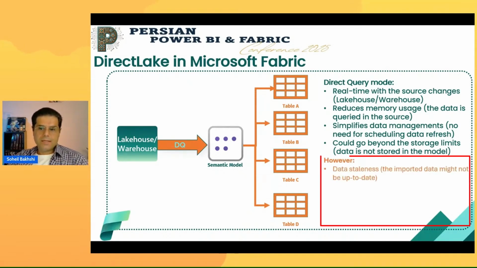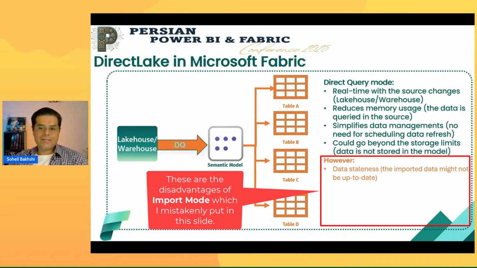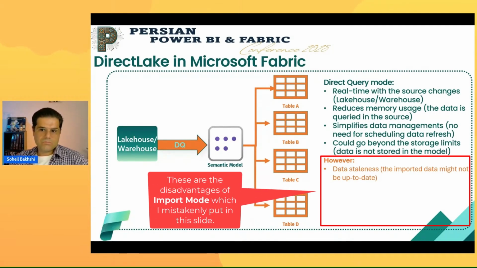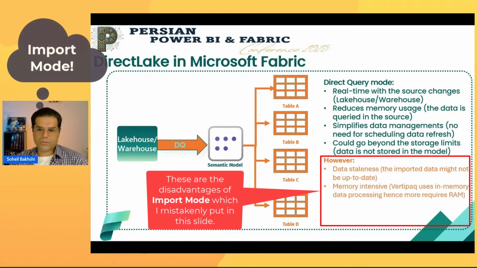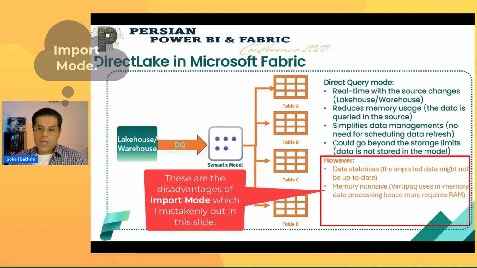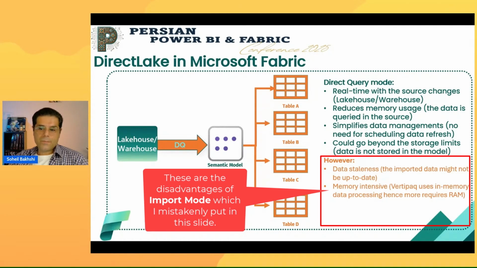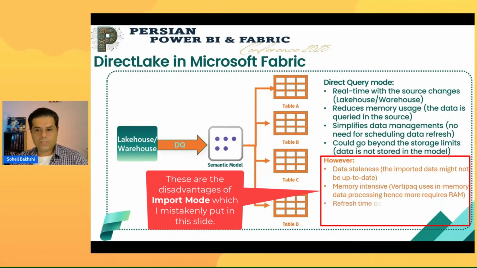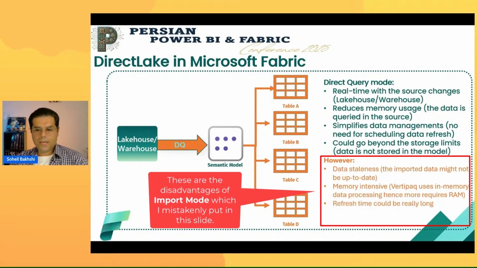However, the data is stale. The data staleness means that the imported data is not up to date, right? Because we are in DirectQuery. Memory intensive. Vertipaq, it can be very memory intensive because it sends all the queries back to my data lake and warehouse.